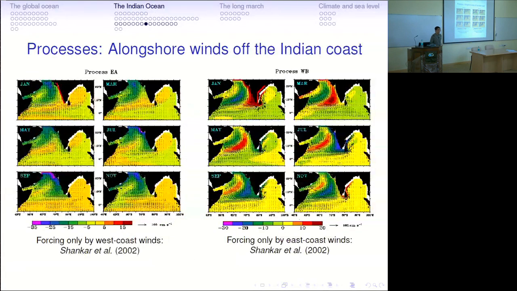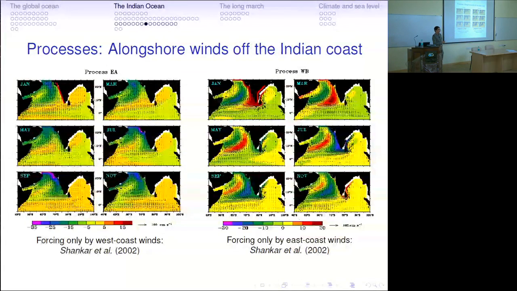So this is a set of experiments that were carried out with this model. On the left-hand side, you have an experiment in which the winds exist only along the east coast of India, forcing only by east coast winds. This is the panels on the right hand side.